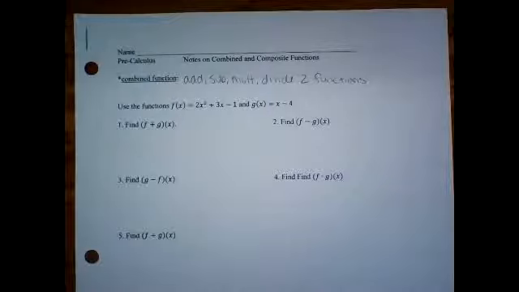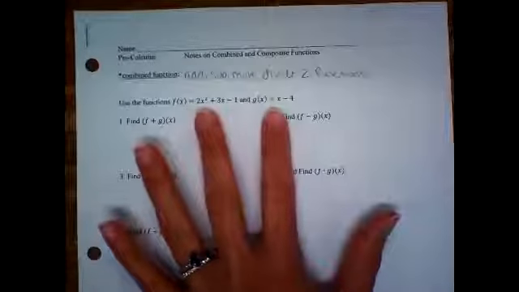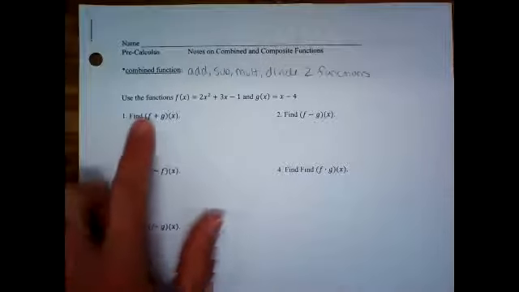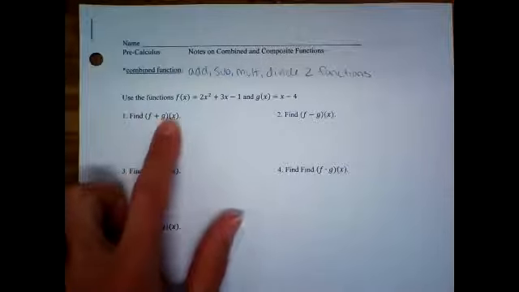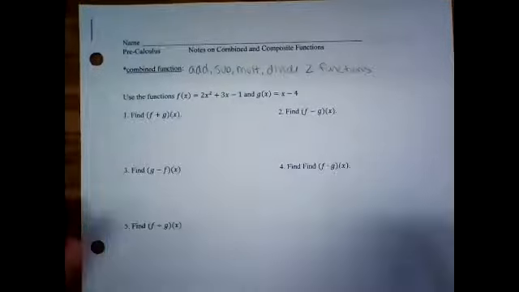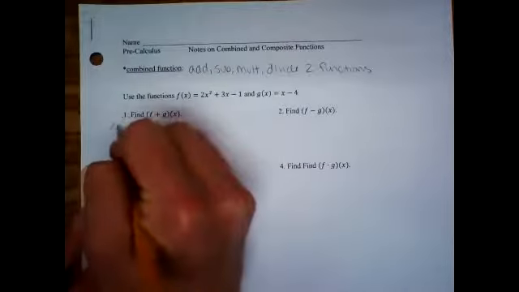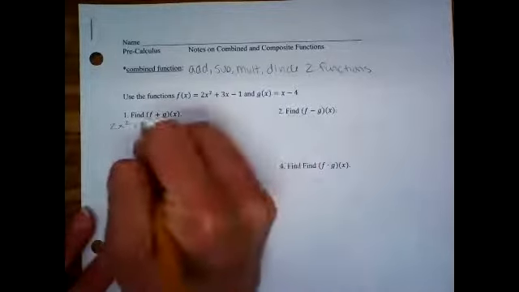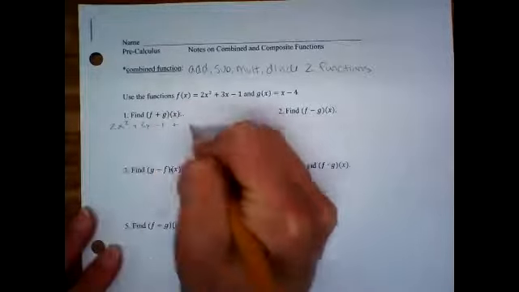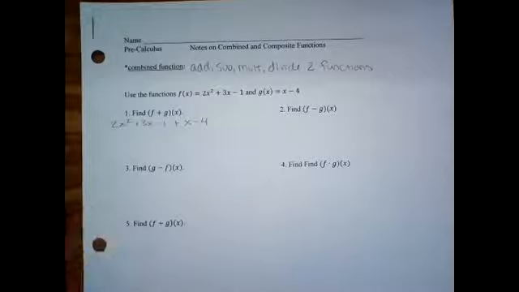So for the first one, like 1, 2, 3, 4, and 5, we're going to use these two functions, f of x and g of x. And for the first one, it says find f plus g of x. Literally, all that means is you're going to take this function plus the other function. It really is that easy. And then you just have to put the like terms together.